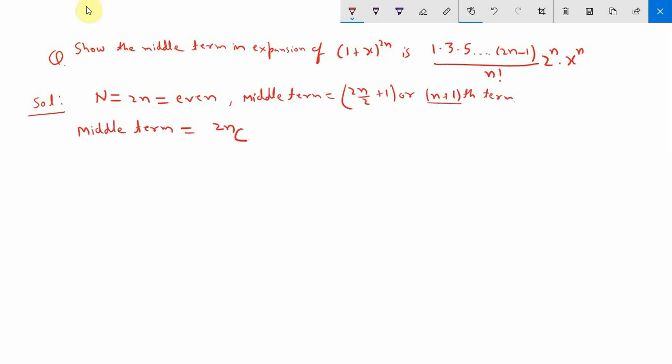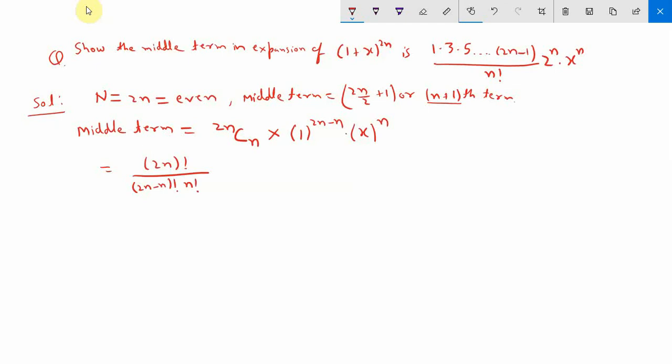So r will be n: 2nCn into 1 to the power 2n minus n into x to the power n. Now we will simplify this one. We have 2n factorial by (2n minus n) factorial into n factorial.